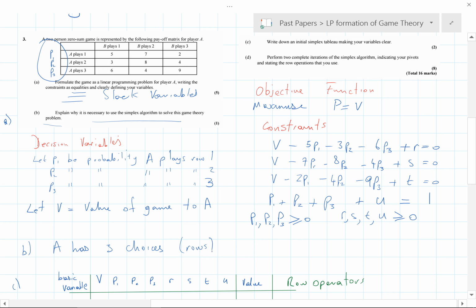Now, of course, often rows can be reduced by dominance. So we better say which cannot be reduced by dominance.